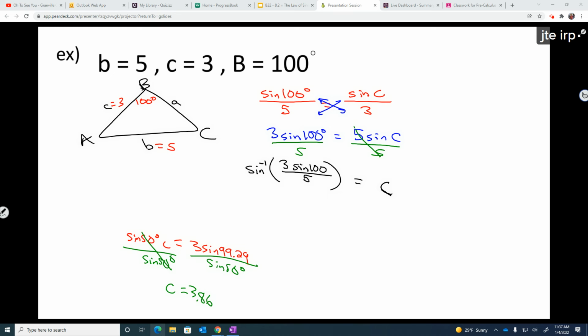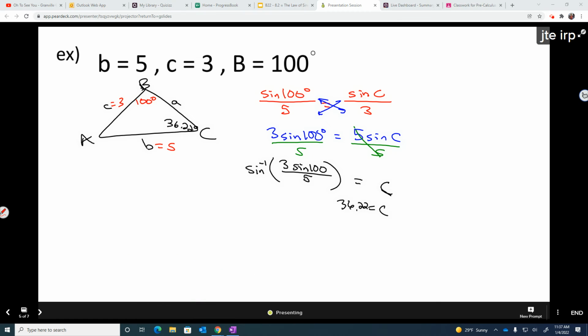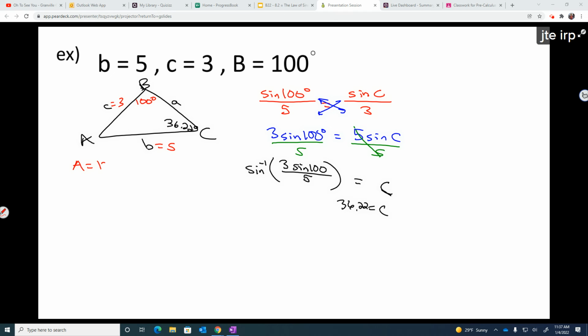If you did it right, you should get like 36.23 or sorry, 36.22. Now the easiest one to get, which is the third angle, that's going to be A. So big A is going to be 180 minus the other two.